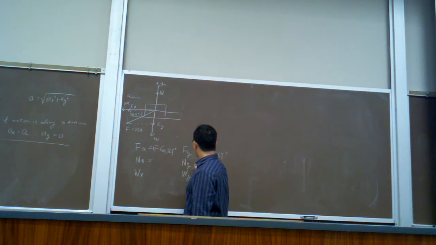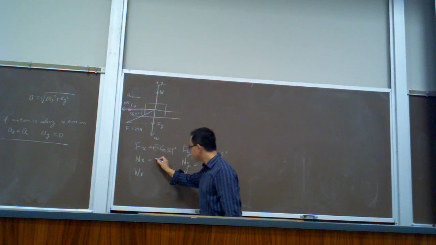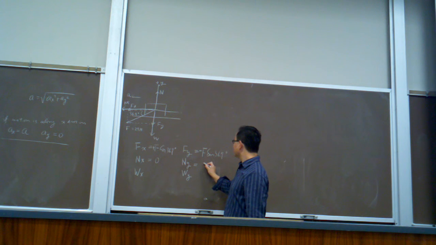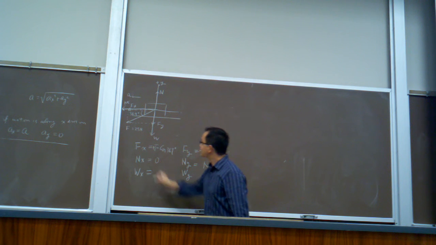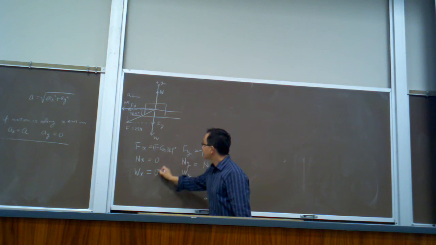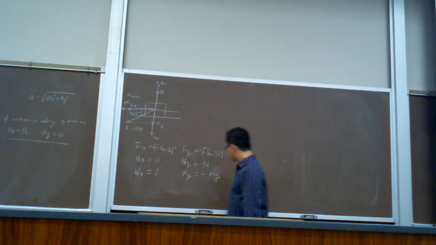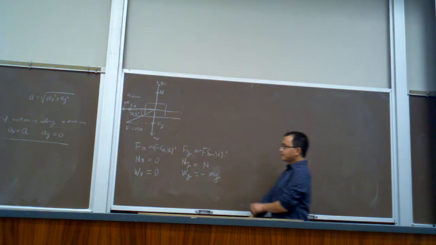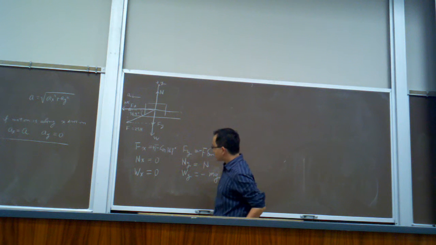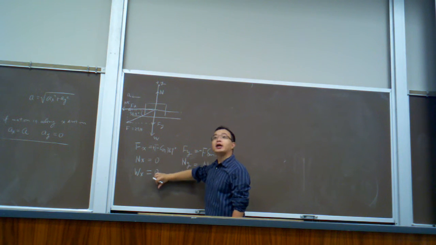What is Nx and what is Ny? Nx is 0, and Ny is N. Wx is 0, and Wy is negative mg. Then Newton's second law says in the x direction, you put the three forces together to get max.